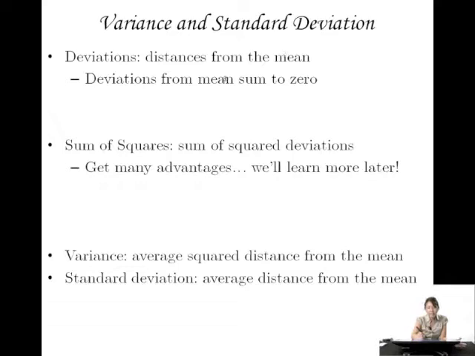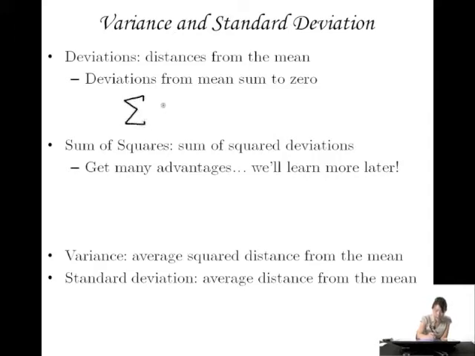When we get the deviations from the mean, remember the mean is sort of the value that's in the middle of all the other values. Some of the values are going to be greater than the mean, and some of the values are going to be less than the mean. When we add all of those up, the formula looks like this.